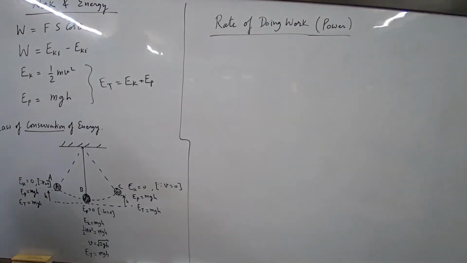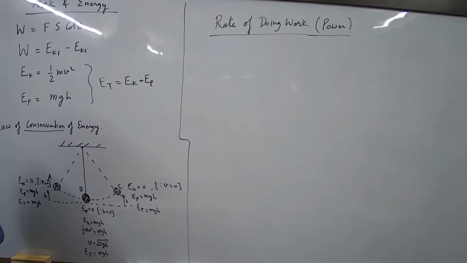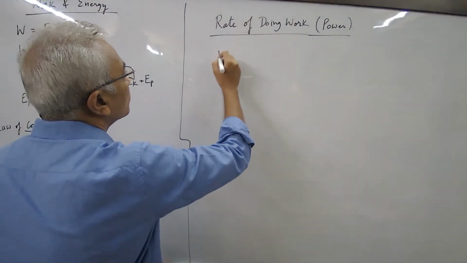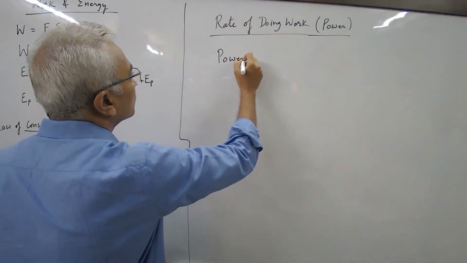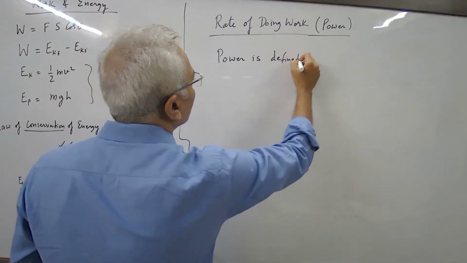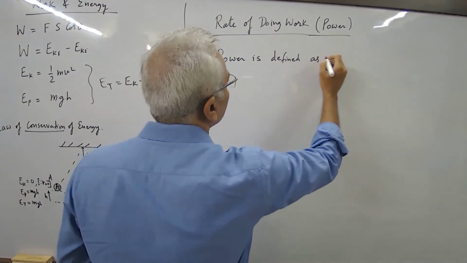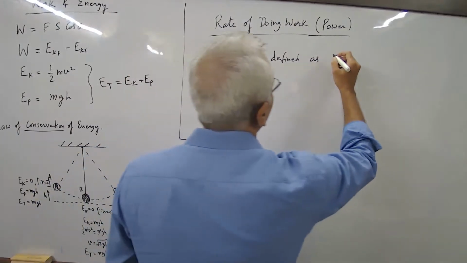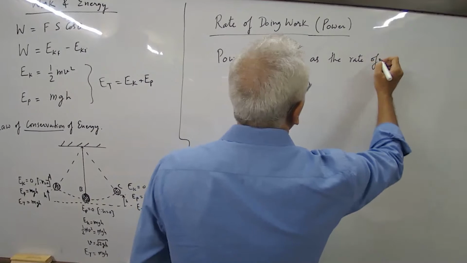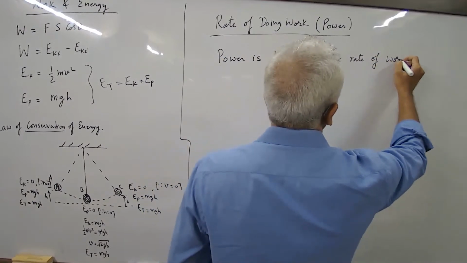How to differentiate between who is doing faster work? So for that we need to find the rate of work done. So power is defined as the rate of work done.